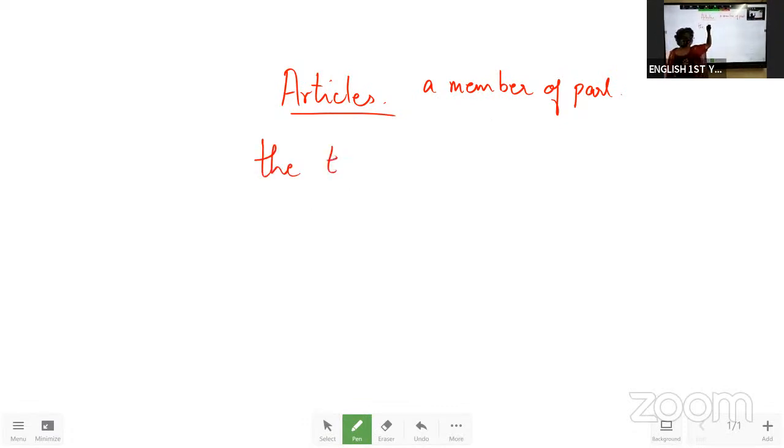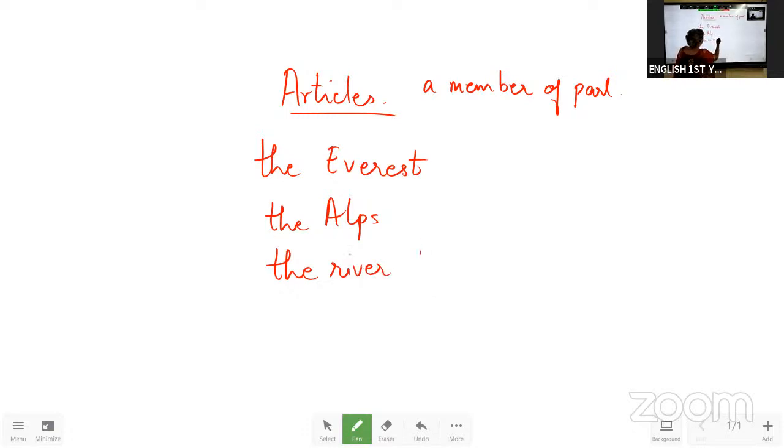The Everest, proper noun, so capital letter, the Alps mountain, the river Ganges. All right, Ganga or Ganges. In olden days, it was known as Ganges, but now it is Ganga River.